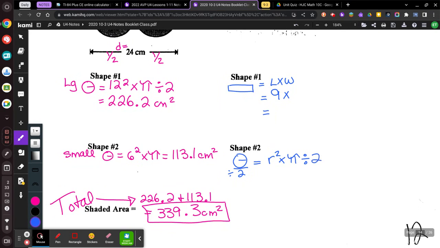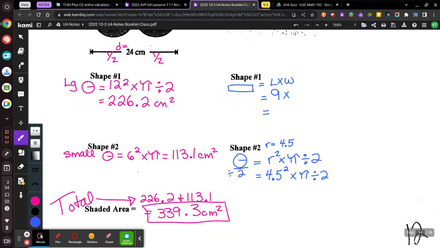What is my r if I know 9 goes all the way across? How big would r be? You have 9 and you got to cut it in half. How much would it be? 4.5. So that means your radius of the small one is 4.5. So we're going to have 4.5 squared times pi divide 2.